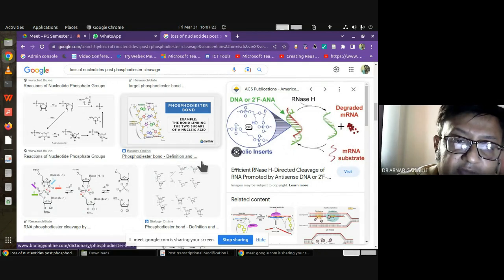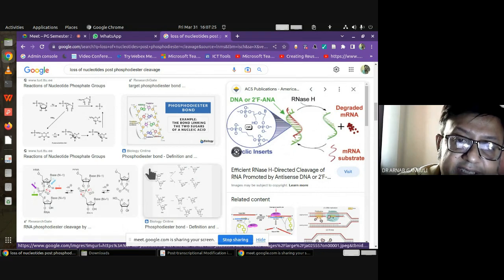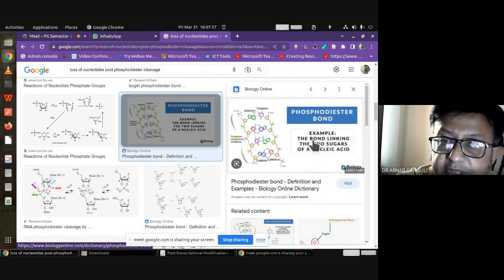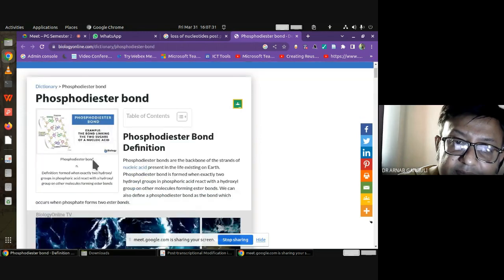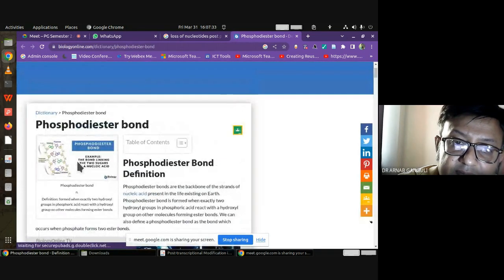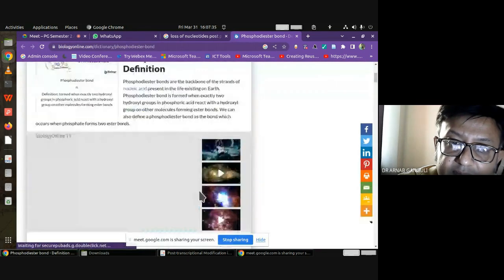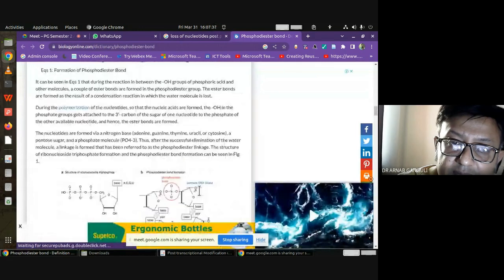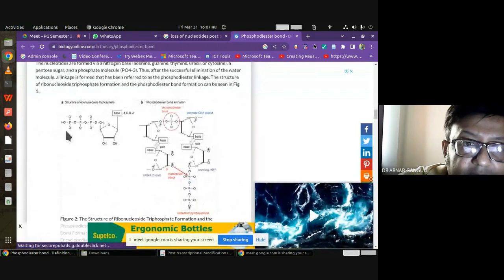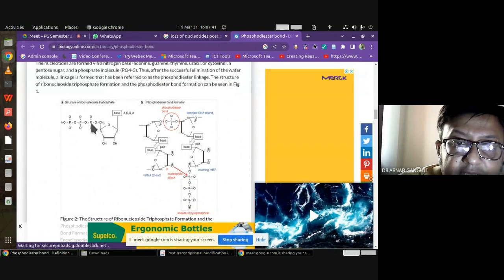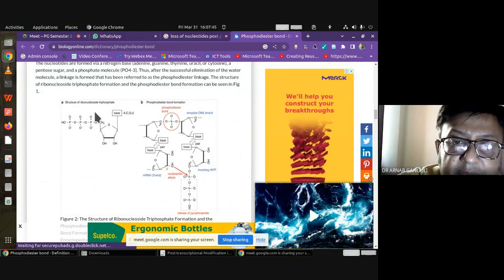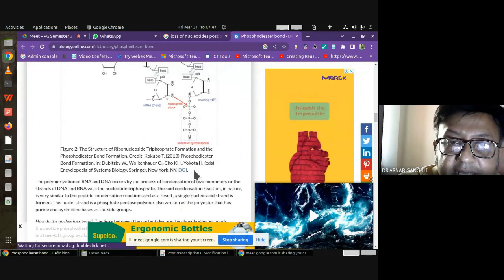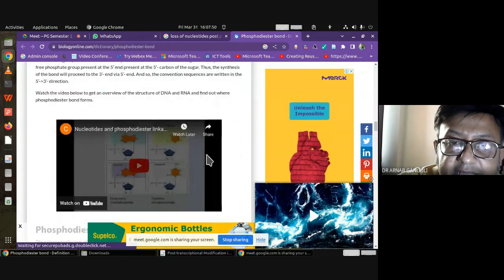They involve phosphodiester cleavages. So if this is a phosphodiester bond, you have 3 phosphates: alpha, beta, and gamma phosphates.